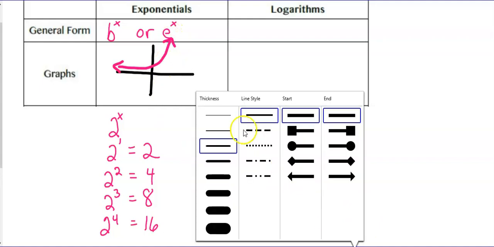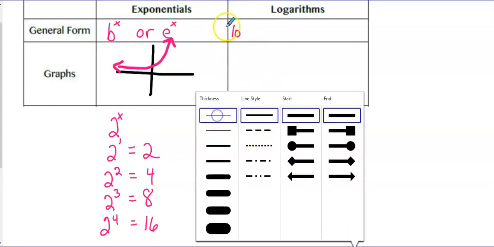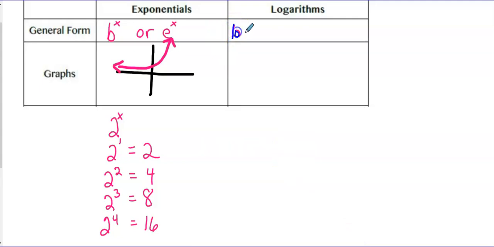Let's talk about a log graph, logarithm. A logarithm graph might look like this. Log x. You might also see log and then your base, 10.